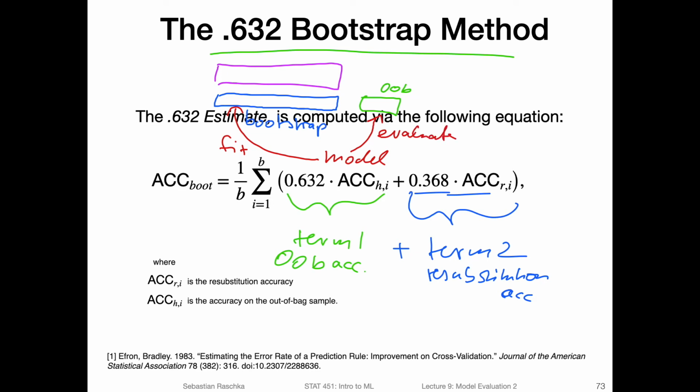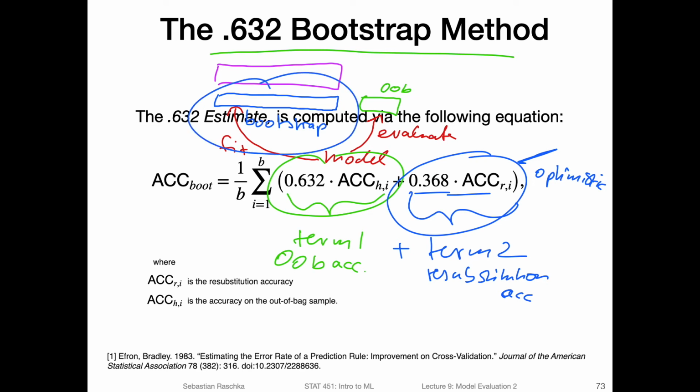So this is the out-of-bag performance, and this on the right hand side is the resubstitution accuracy. This one is overly optimistic, because it's the same data that the model has seen, the data that was used to fit the model. And we just learned on the previous slide that the out-of-bag one is pessimistic.